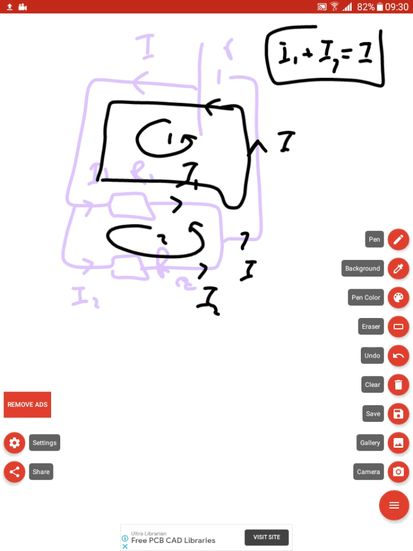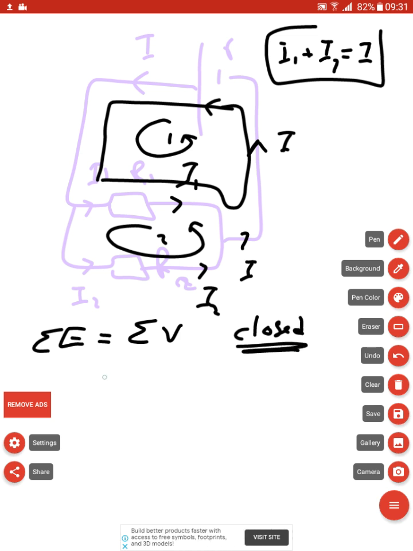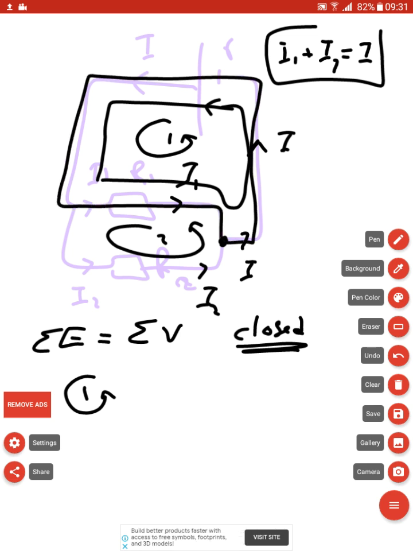We use Kirchhoff's second law to find the current or voltage in each branch. We know that the summation of electromotive force equals the summation of potential difference through a closed loop. Using the first loop, we start from this junction, move through this path and back to the same point.